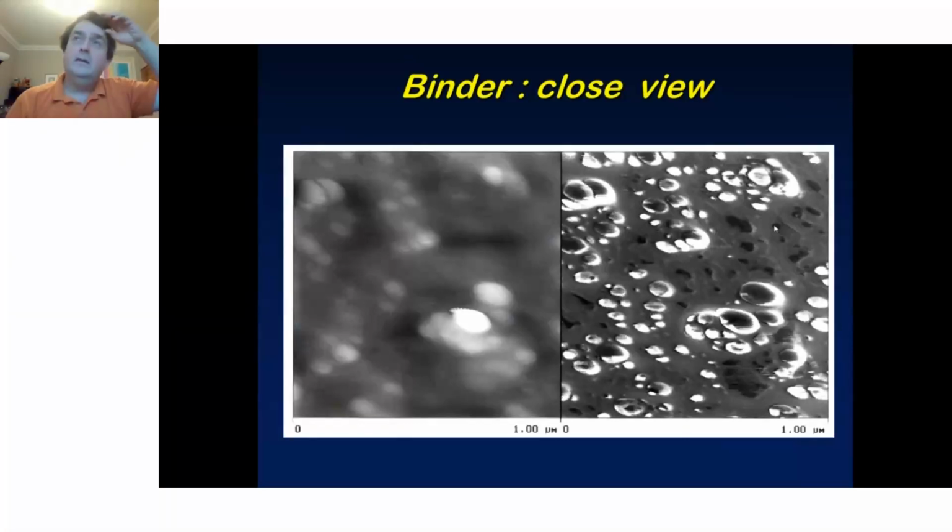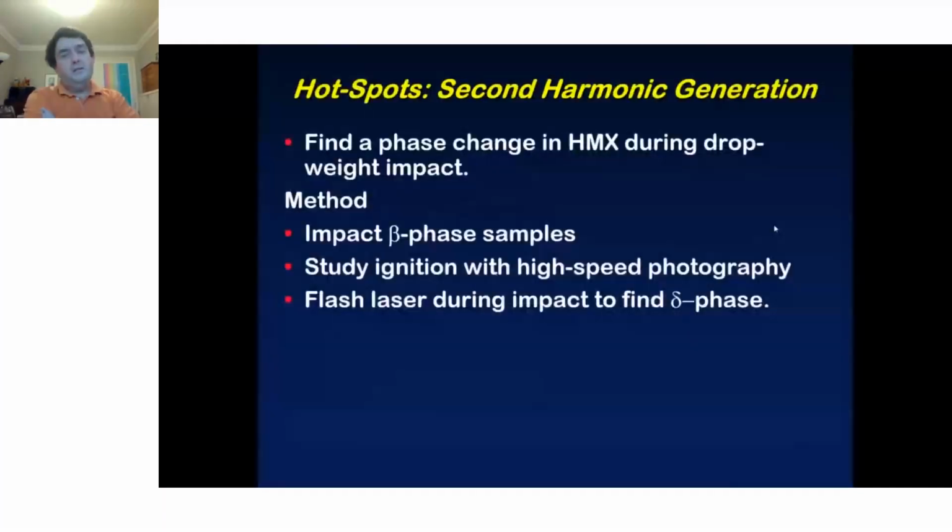So let's have a look at the next thing, which is producing hotspots. It so happens that HMX, the high melting explosive, which is often found in production of RDX, is subject to a phase change.